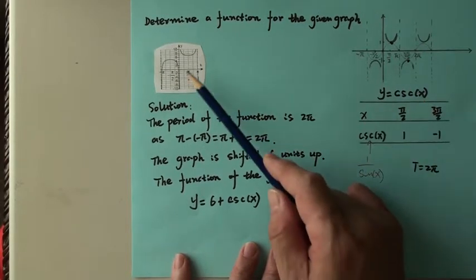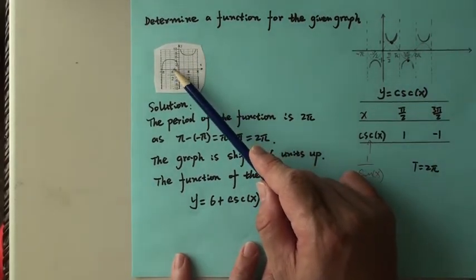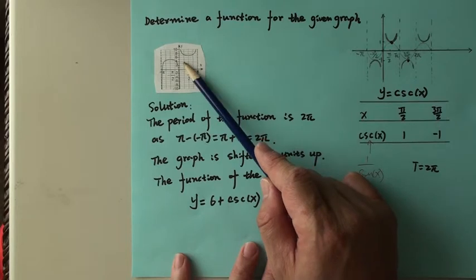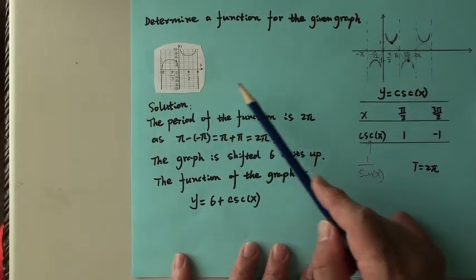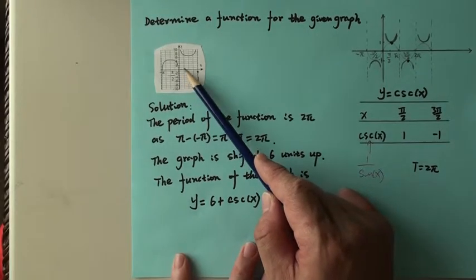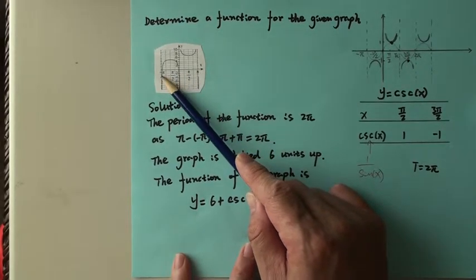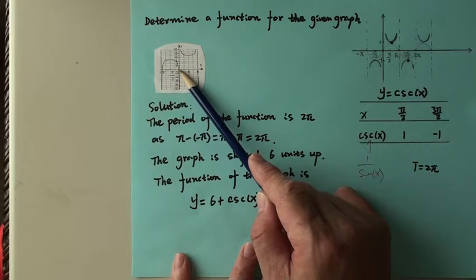From these two branches, you should think about cosecant. Here is from 0 to pi, and here is from negative pi to 0.